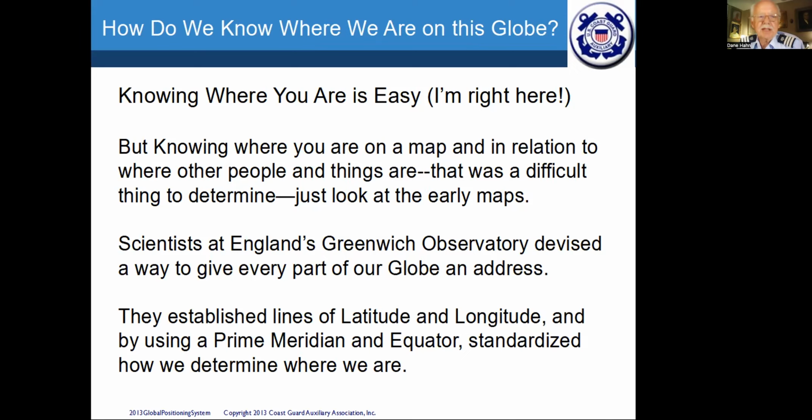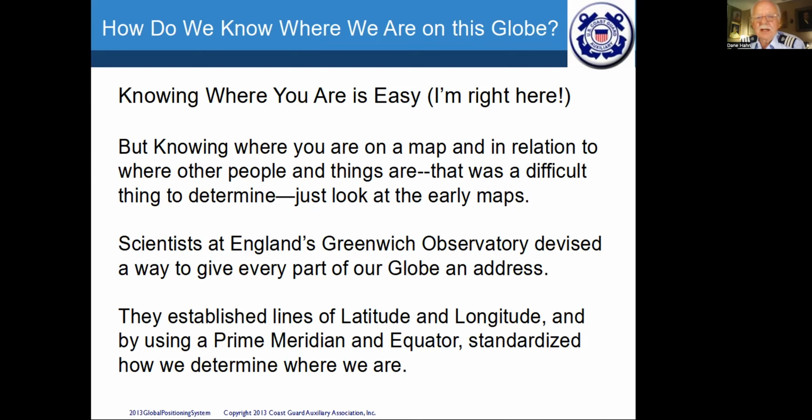And we thank the scientists in England's Greenwich Observatory. It's a wonderful observatory, only about 25 miles southeast of London, and it's been there forever. The scientists there devised a way to give every part of the Earth an address. Every part of the globe has its own address.